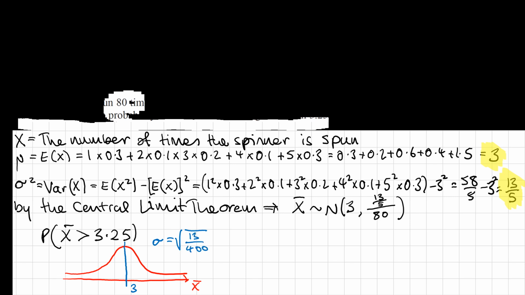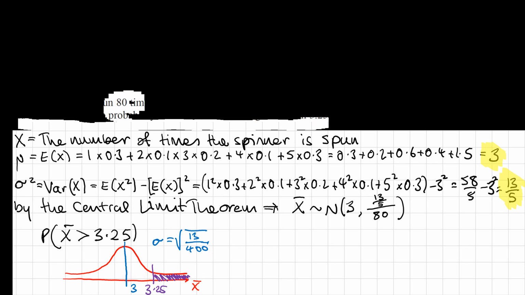And then I'm just going to use my calculator to calculate this probability. Now greater than 3.25, so if this is my 3.25 here, this is the area that I'm trying to calculate. I know it has to be less than 50%, so this gives me an idea of the size of my answer. If I got an answer bigger than 50%, I would need to go back and check that my working is correct.